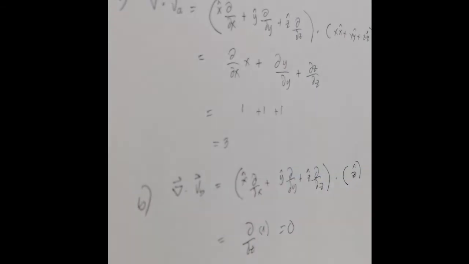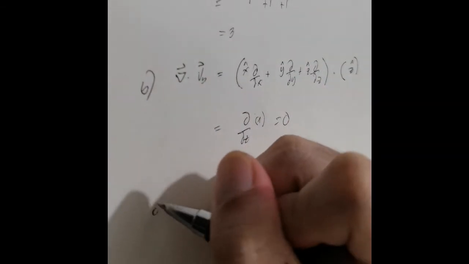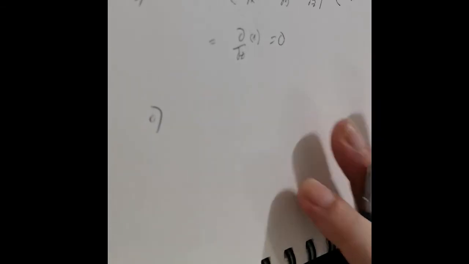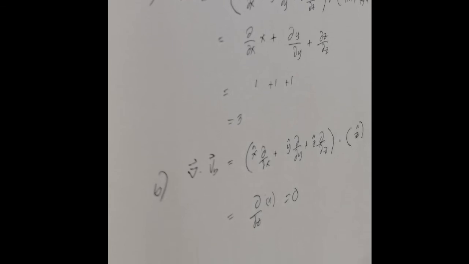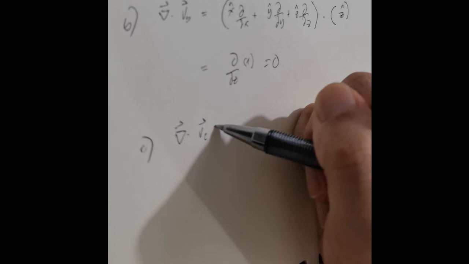As we can see in our calculation, the divergence is just 0. Okay, for letter C, in vector V sub C, the same process.